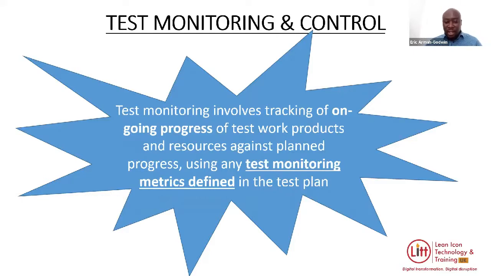So remember I said earlier on that we define monitoring metrics in the test plan. So this simply evaluates and provides feedback on the ongoing, currently in progress testing phase. It evaluates and provides feedback to the team. I'm sorry, to stakeholders.